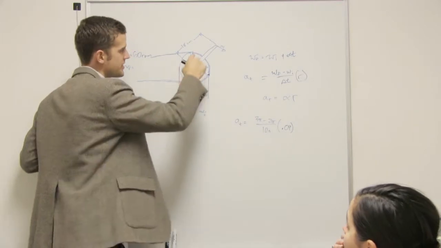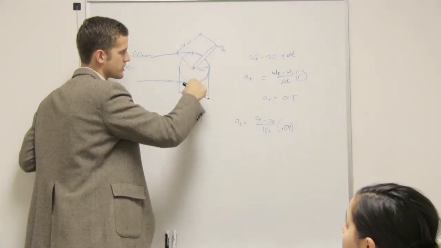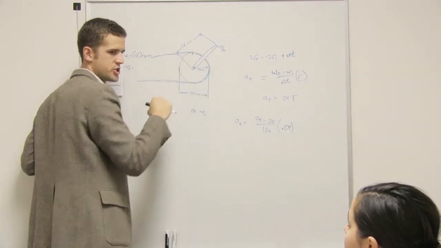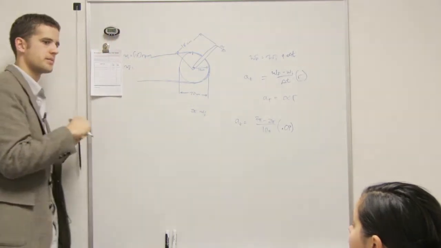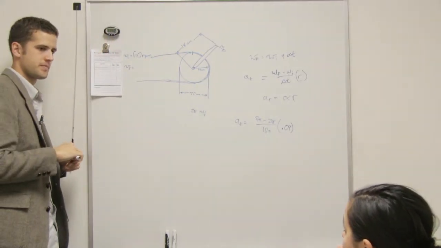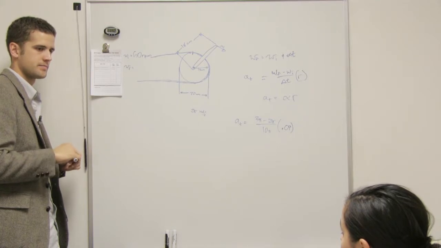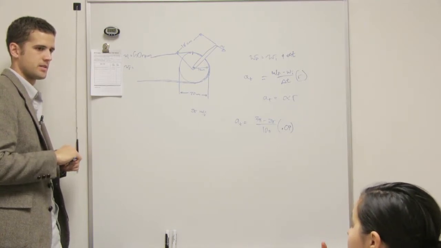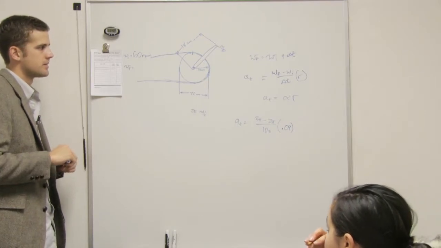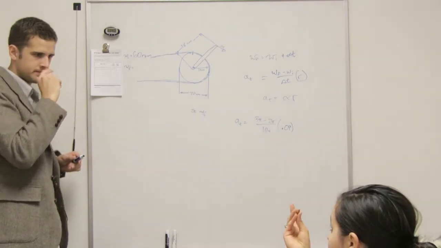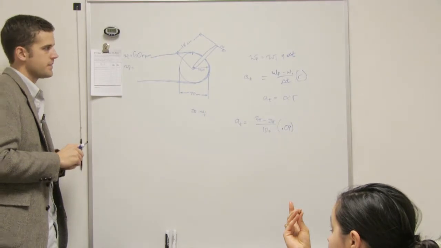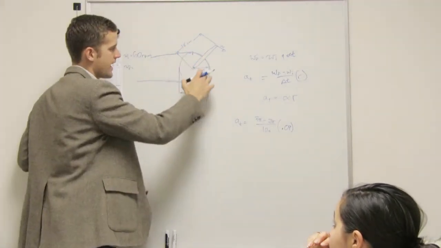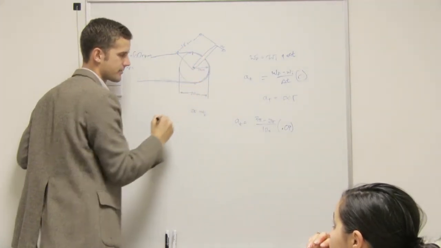So every time this sprocket goes around one time, how much chain has gone over the top of it? From the looks of it, 10 centimeters worth. Well, no. It would be half the circumference.